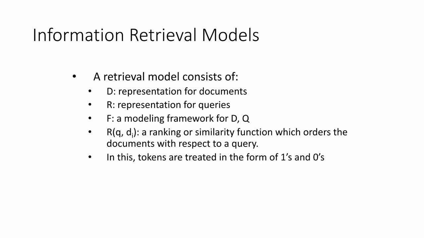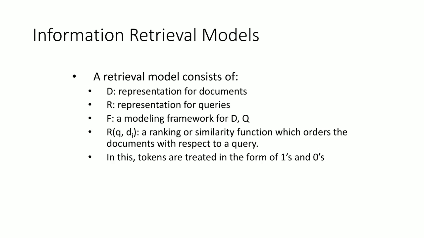The information retrieval model consists of, first of all, a representation of the documents, D, and a representation of the queries, Q. Here R is taken, and F is a modeling framework for D, Q. Here actually Q is written by mistake, R is there.